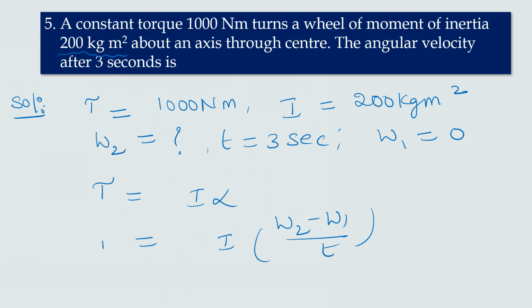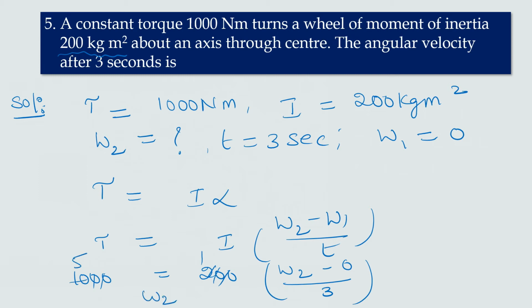So now substituting values, 1000 is equal to 200 into omega 2 minus 0 by 3. Here the zeros get cancelled, 2 ones are 2, 5 twos are 10. So now omega 2 is equal to, taking cross multiplication, 5 into 3. Therefore the angular velocity after 3 seconds, omega 2, is equal to 15 radians per second. Okay. Next we will go to the next.